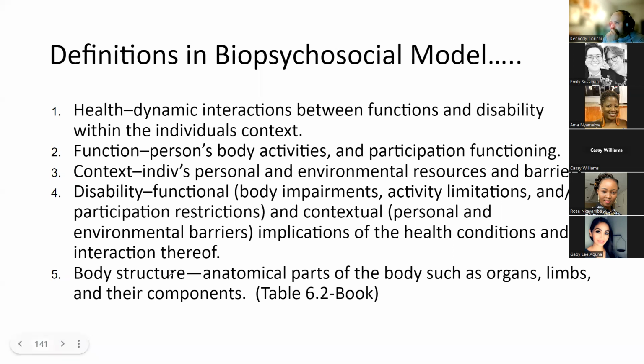Okay. The definitions in the biopsychosocial model. These are some of the definitions that were defined under here. What is health? The functions, a person's body, activity and participating functions; the context, the individual person and environmental resources and barriers. It also explained what a disability was. It also talked about the body structure.